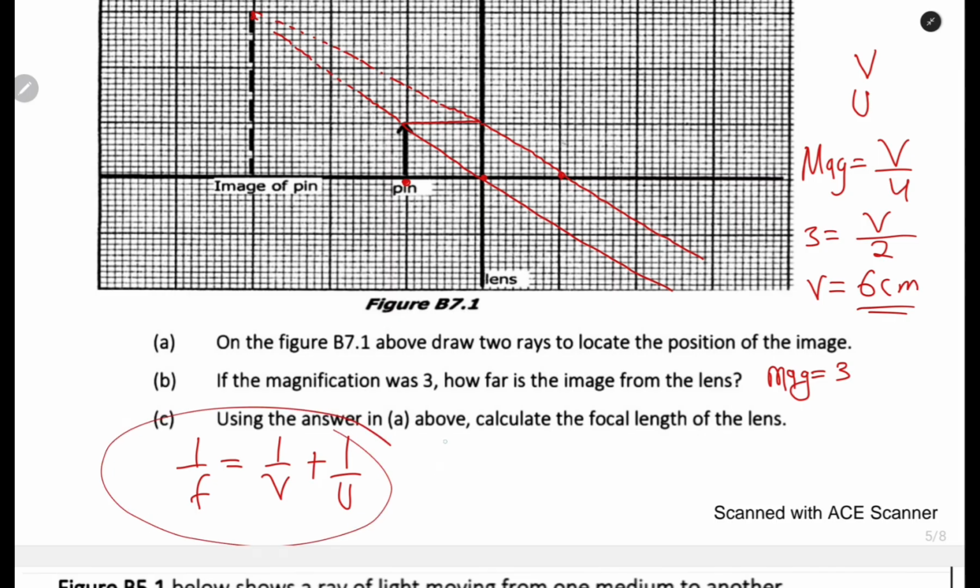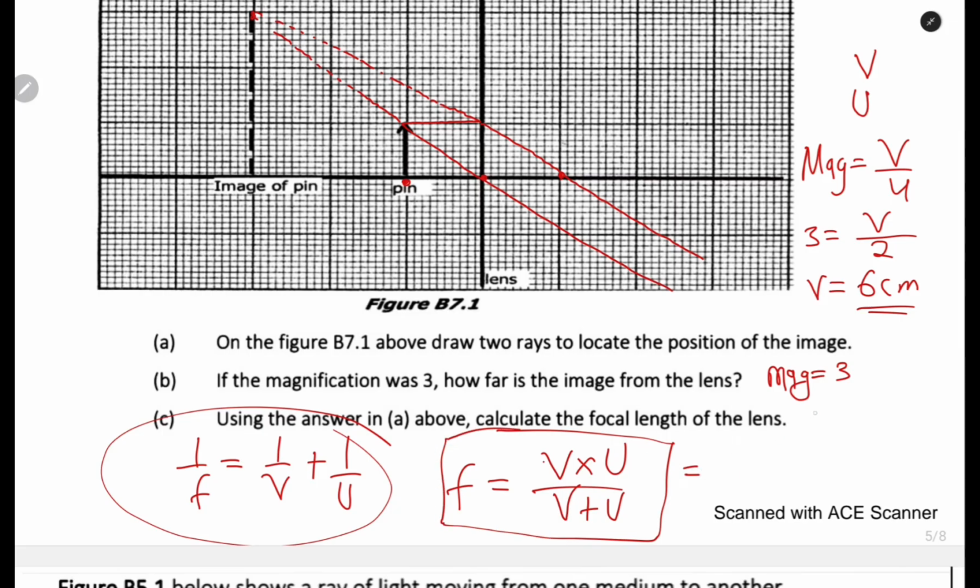This formula can be easily put in this form: v multiplied by u divided by v plus u. And I love using this form because I don't need to reciprocate at the end.